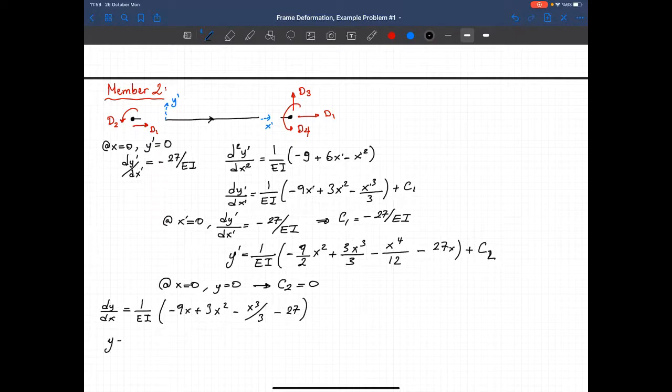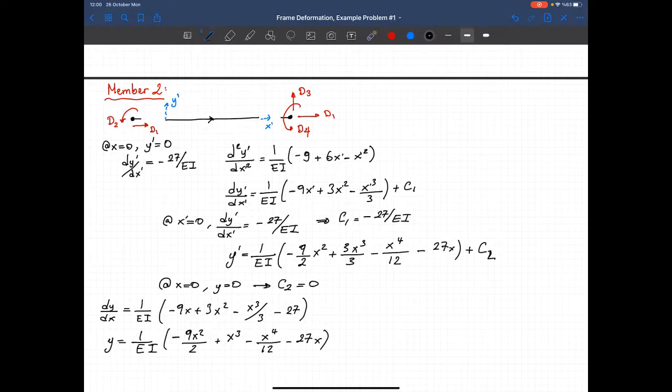And y is equal to, that will be a fourth order polynomial, minus 9x squared divided by 2 plus x cubed minus x to the power 4 divided by 12 minus 27x. So that's the equation, variation of rotation with respect to x prime, and that's the variation of translation again with respect to x prime.